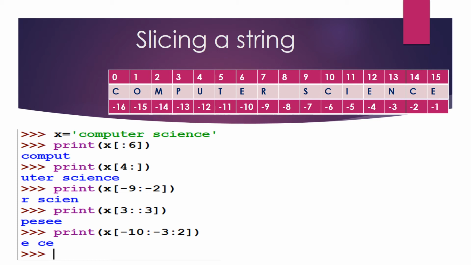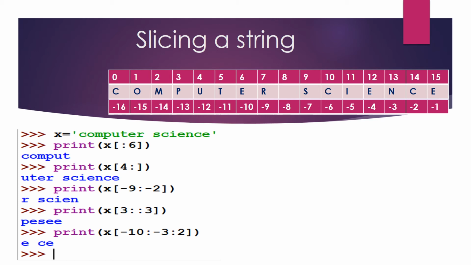Here we have not mentioned the stop value. We have given the starting value 3, no stop value, but the step of 3. So it will start from the third index value and it will go till last, because by default end value is till last and the step of 3. So the first value printed, third index, is P, and then a gap of 3 steps means 1, 2, 3.